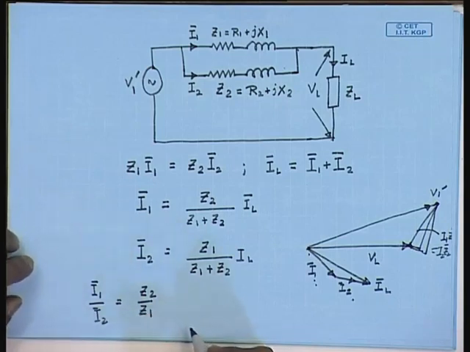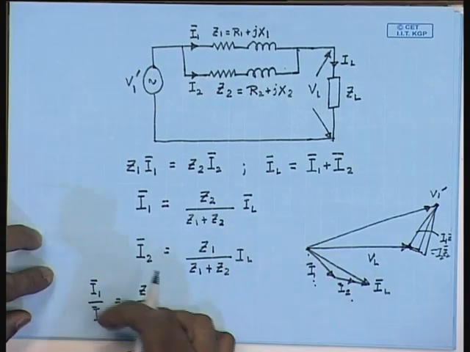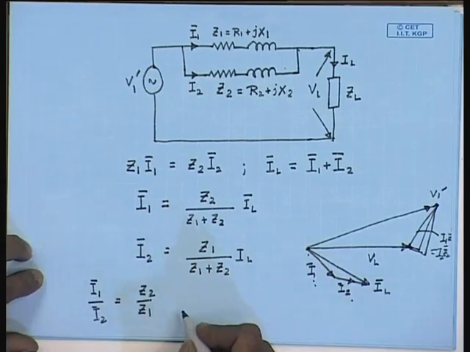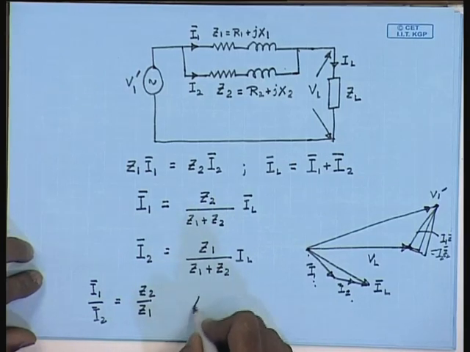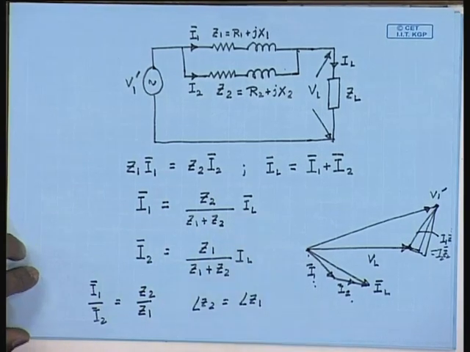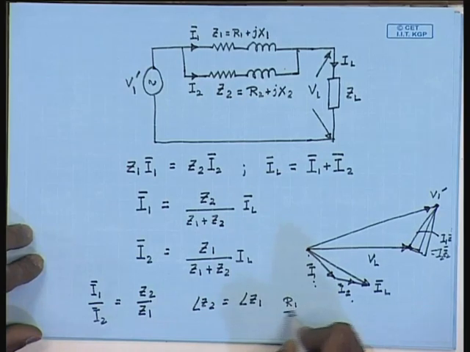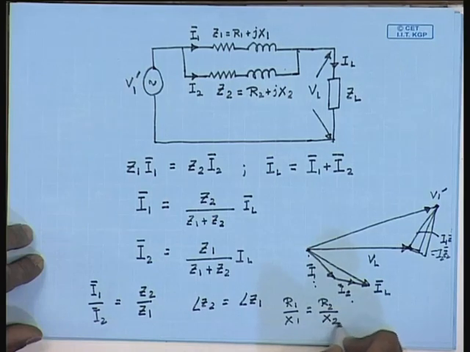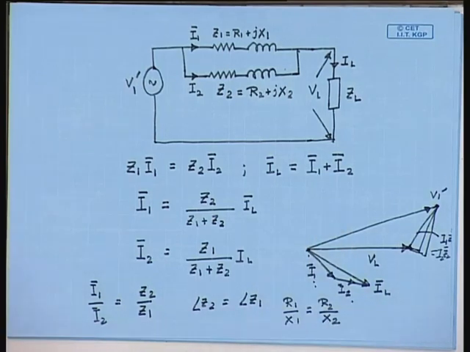If I1 and I2 have to be in phase, then the ratio I1 by I2 will be a scalar, and that will happen only if angle of Z2 is equal to angle of Z1. That is, the ratio R1 by X1 is equal to R2 by X2. So, this is a desirable condition, although not essential. This will ensure that for a given transformer current rating, the maximum load current can be supplied.